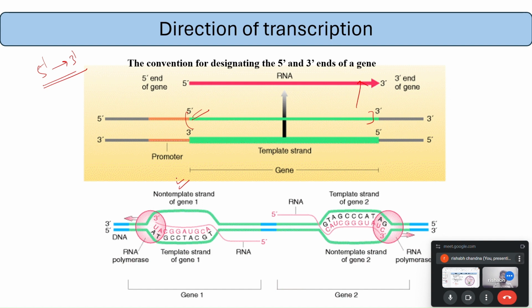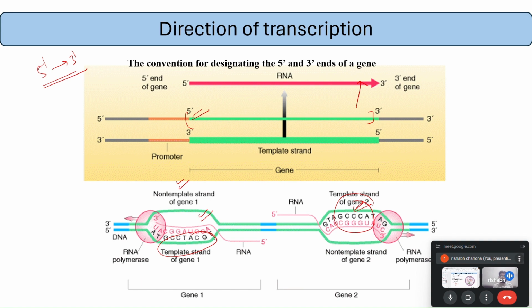Because of the directionality that is different in both the genes, as well as the nature of the RNA produced, they might not be the same in both cases. As you can see in this particular diagram, the template strand is the below one, and here the template strand is the above one. So it might not be the same for both the genes, as it depends upon the gene to gene and the RNA that is formed from them.